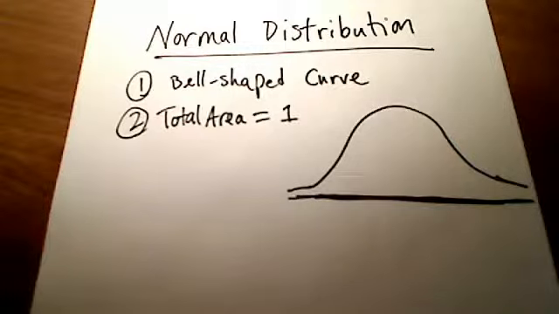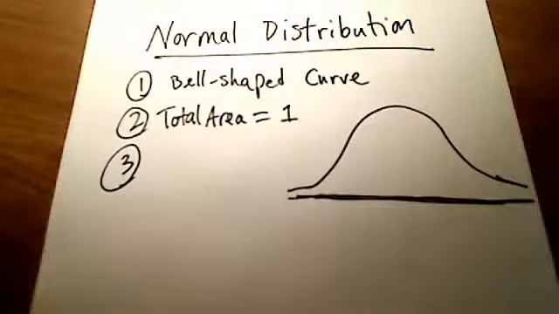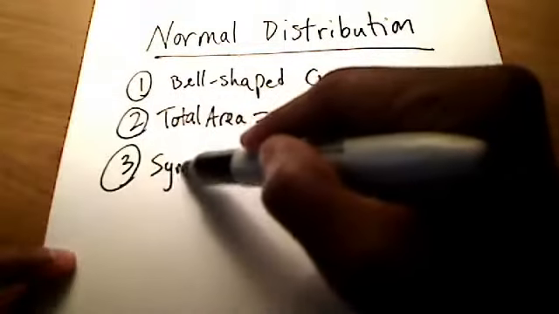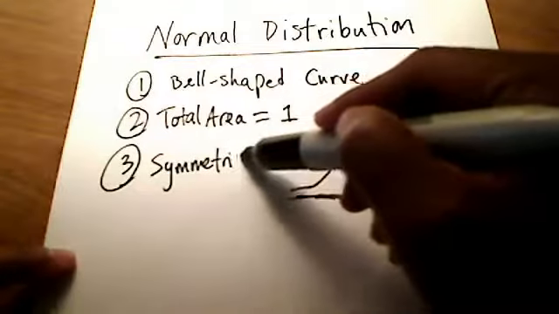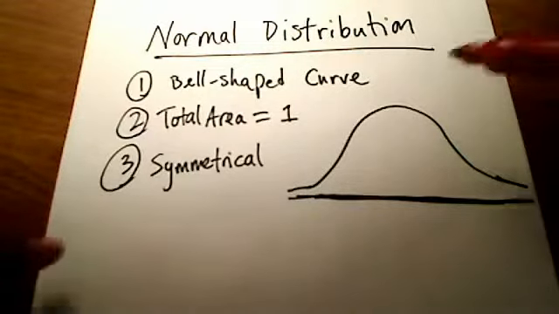And there's one more thing. The third thing that should come to mind is that this bell-shaped picture here is symmetrical. And that comes into play and is very handy for later problems.